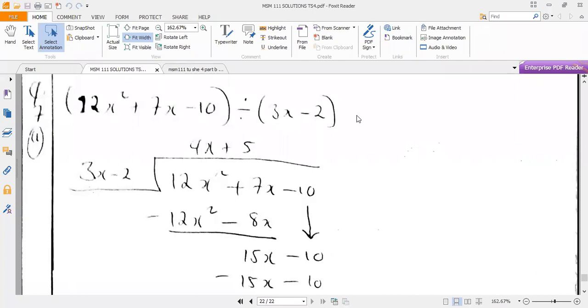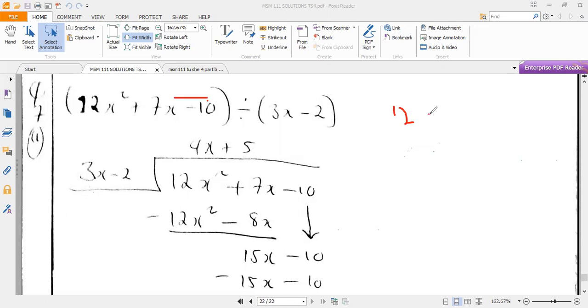So for instance, if we had the same polynomial which is here, right?